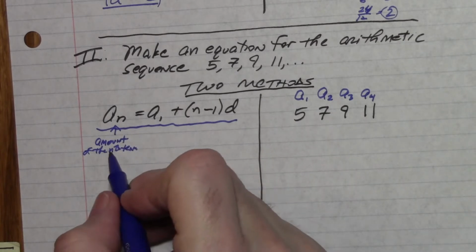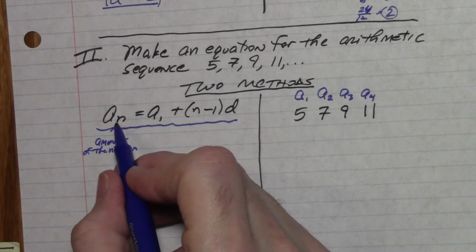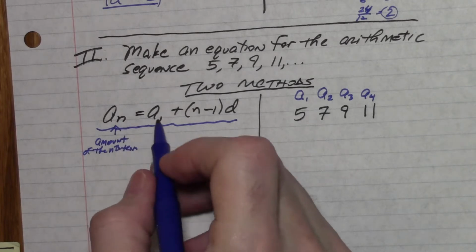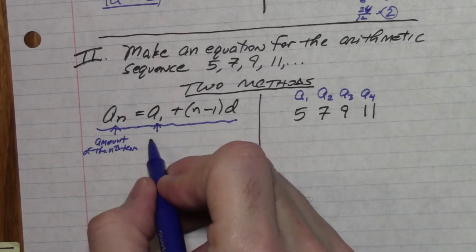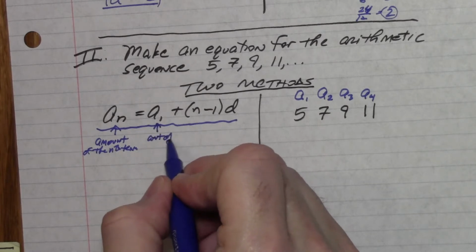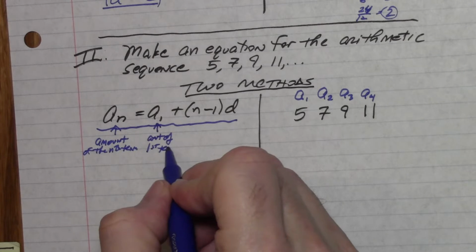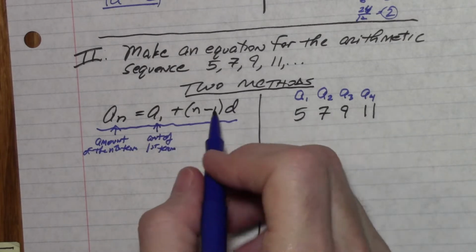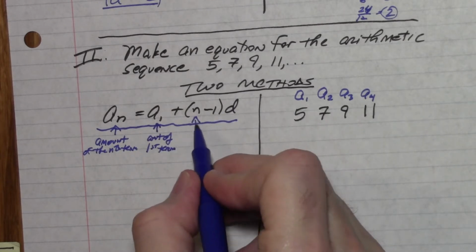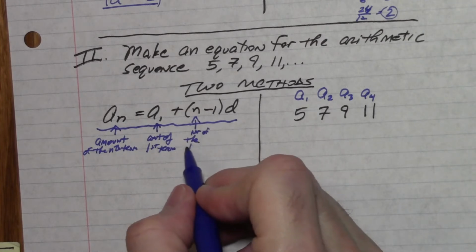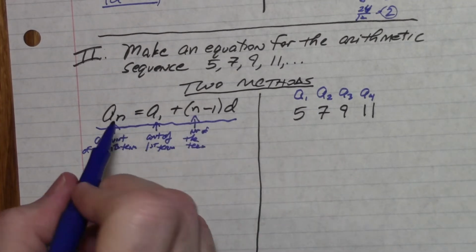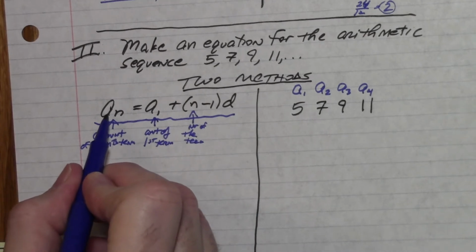So we want to know the amount of the nth term. We don't necessarily know that amount. But in this case, we do know the amount of the first term. And then here the n is the number of the term we're trying to figure out that amount for.